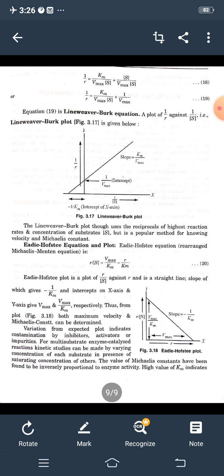So 1/R versus 1/S gives a straight line. The slope of this is Km/Vmax.